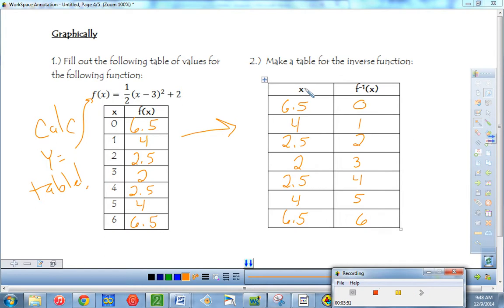Alright, so hopefully you just swapped around your x and y values here. So these are all coordinates, and we're going to plot these below. My suggestion to you, to make this easier, and I'll do it with you, is to plot all of these ones first and then connect them, and then plot these ones and connect them, and maybe even possibly use a different color for these, because otherwise it gets really confusing.